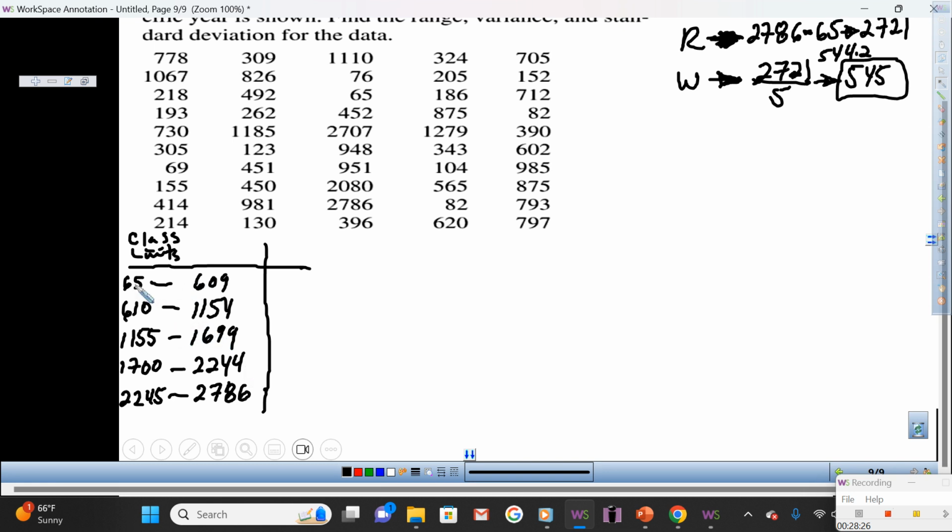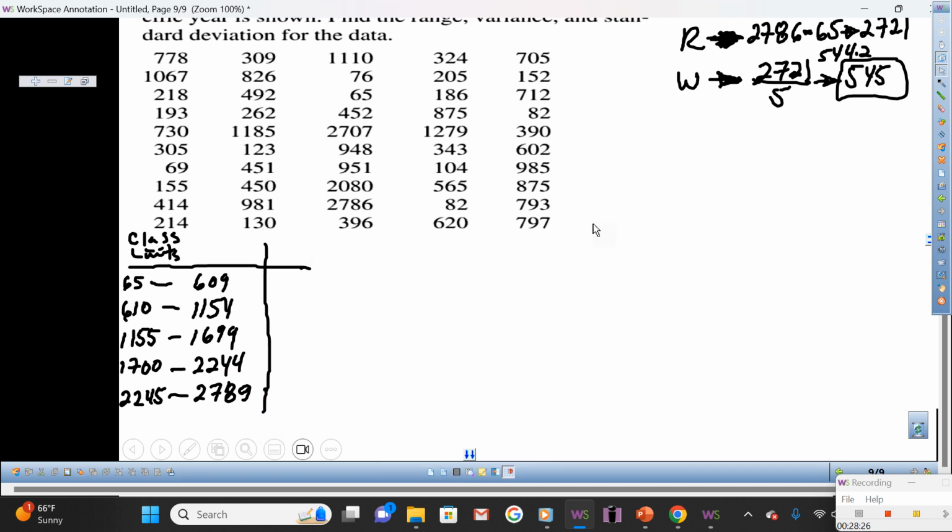No, but what are we going by? 65 all the way to 609? 544, so that's 2789.